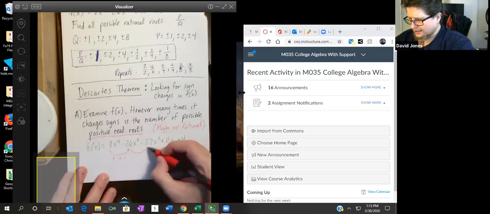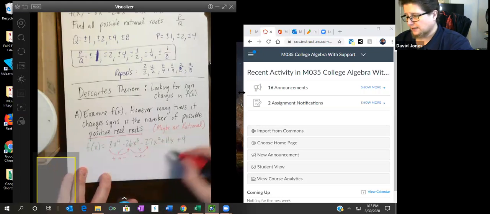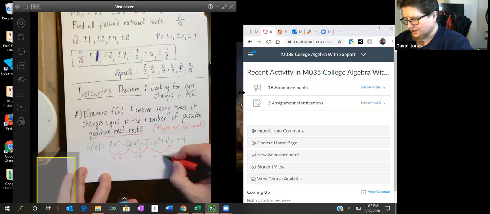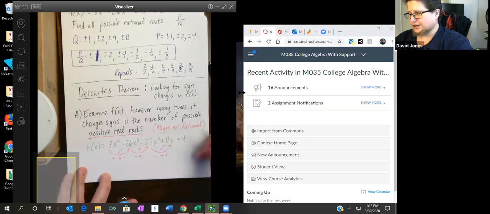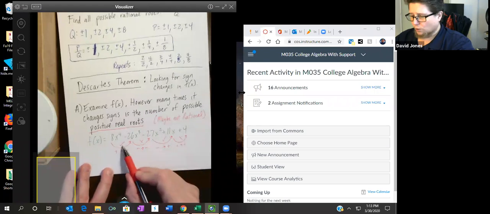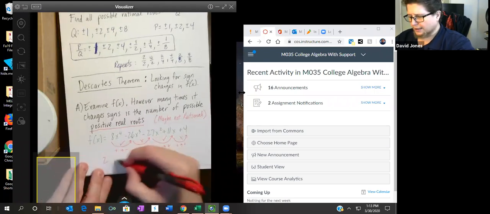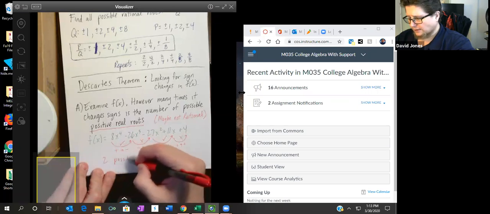Negative 26 to negative 27 is minus to minus. That's not a sign change. Negative 27 to 11 is a negative that changes to a plus. That's a sign change. And 11 to 4 is positive to positive. That's not a sign change. I've got 1, 2 check marks, 2 possible positive roots.